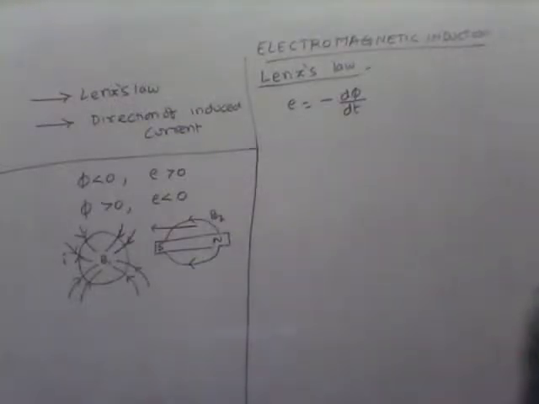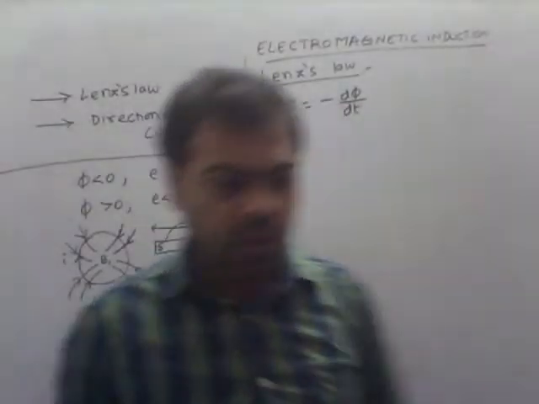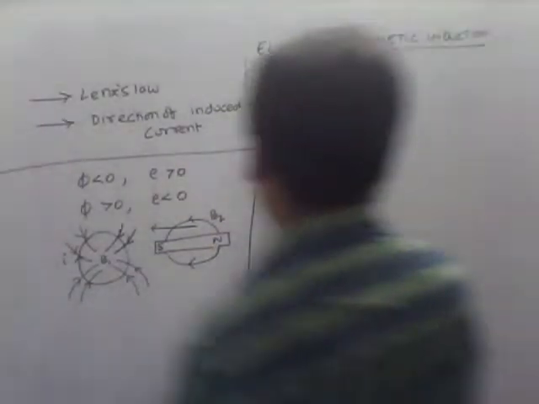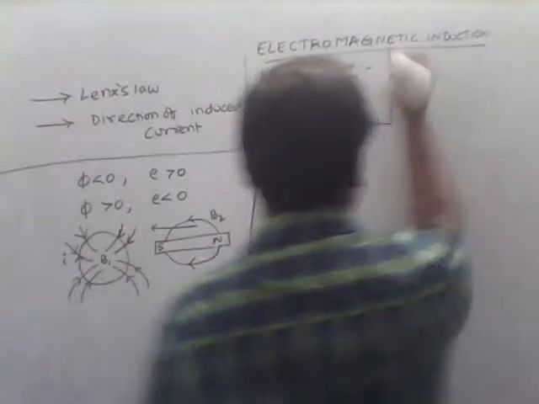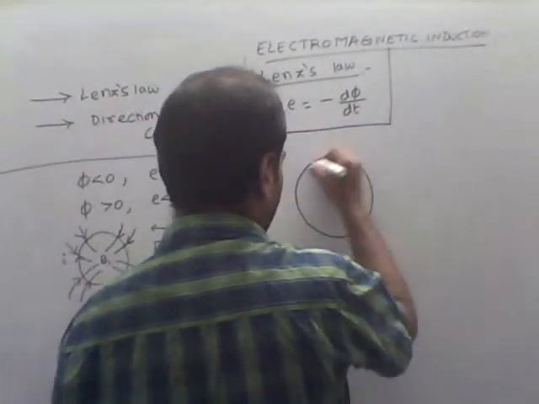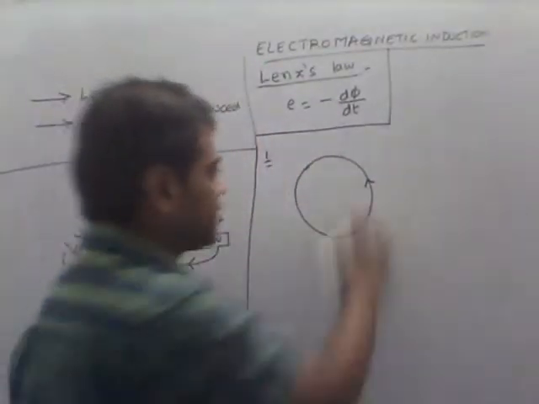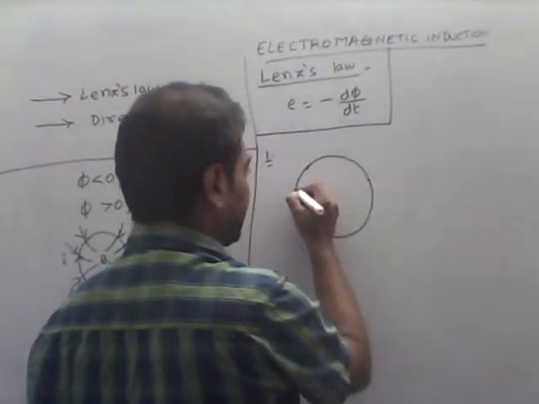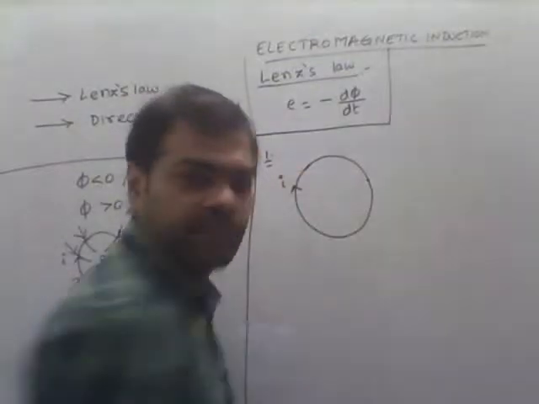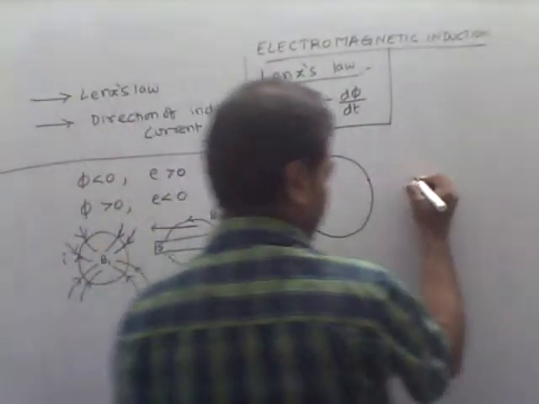Suppose I have these cases. The first one, I have a coil. Let us consider that current is moving in a clockwise direction. We can also consider the anti-clockwise direction, no issues.